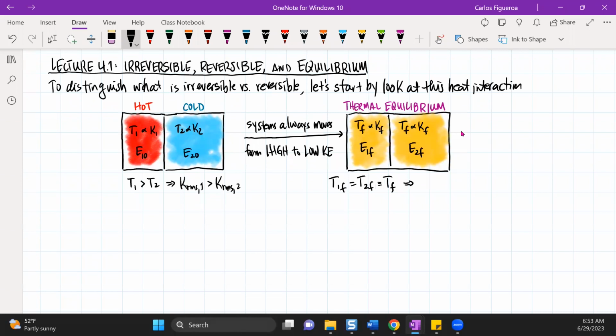Now if I look at these containers, I see that K RMS 1 is equal to K RMS 2, even though they're different gases. The internal energy is a little trickier. If N2 is greater than N1, then the final internal energy of 2 will be higher than the internal energy of 1. On the other hand, if these two are equal, then their internal energies will be exactly the same.